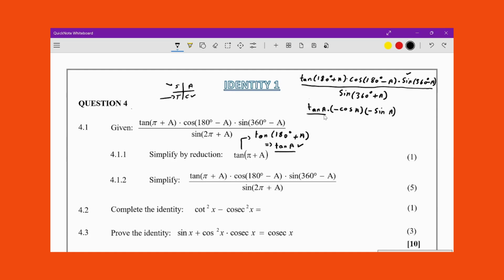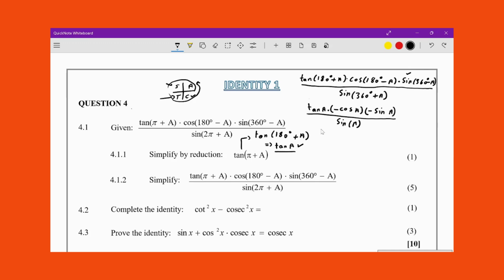Then you divide everything by the sine of 360 degrees plus a. Remember, the whole rotation is 360 degrees. When I say plus a, it throws me into the first quadrant, so sine is going to be positive. So the sine of 360 degrees plus a is sine a, which is positive.